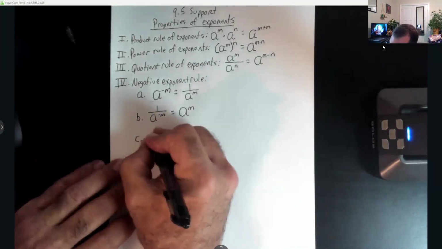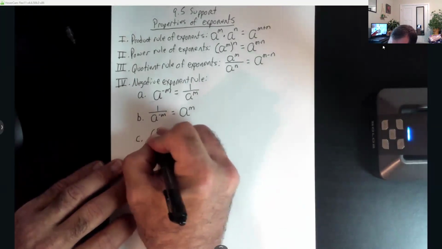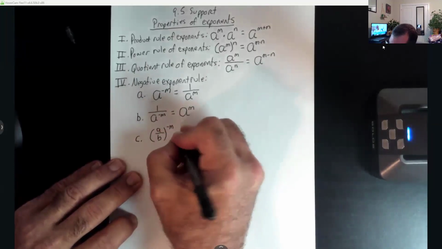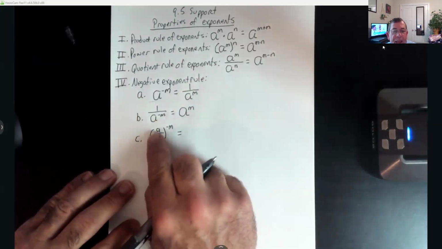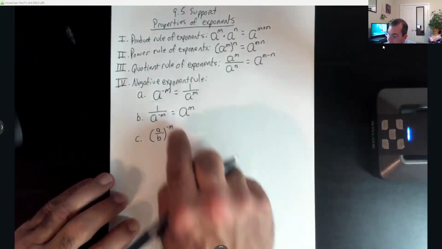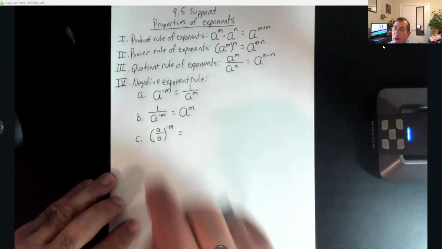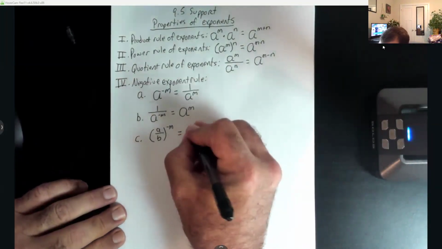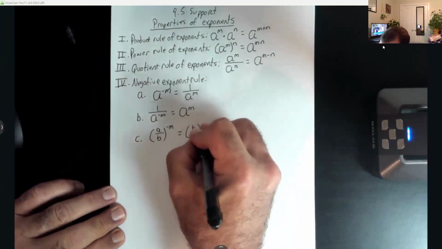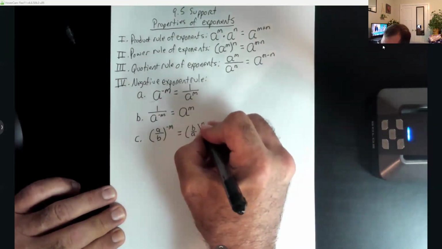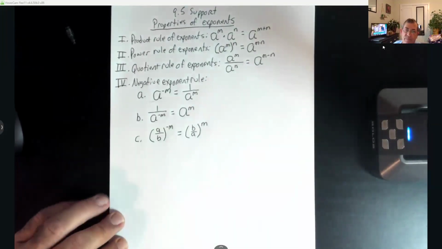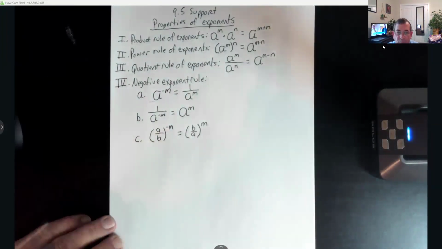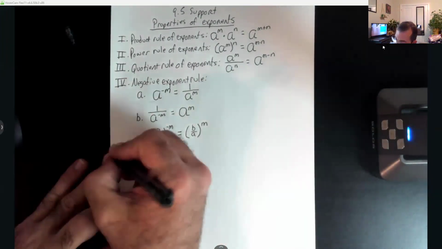And y'all, the last thing you might see is an actual fraction, a over b to the negative m. Well, if you got a fraction raised to a negative exponent, the negative exponent affects the top and the bottom, which means we flip the fraction so that we get b over a, and then the negative exponent becomes a positive. So basically, I'm flipping them all and making the exponents positive on those variables, okay?